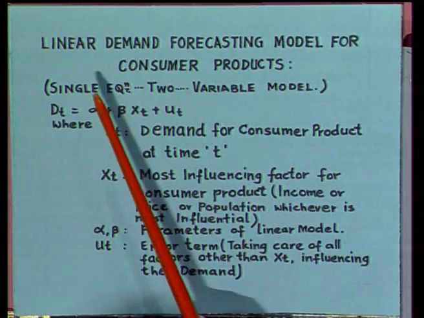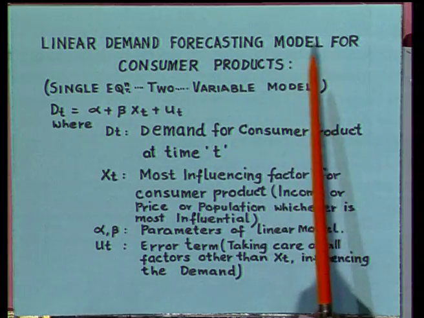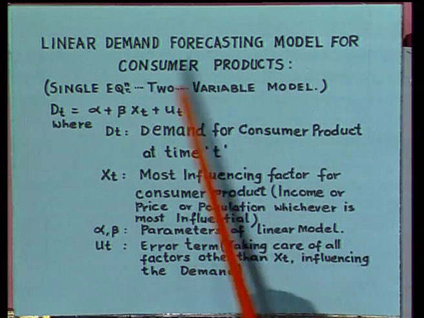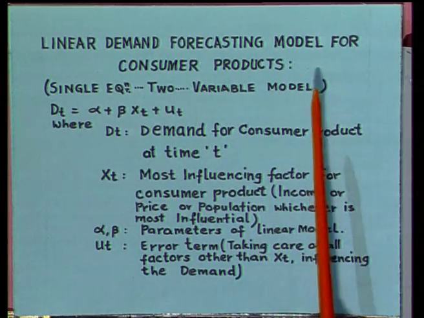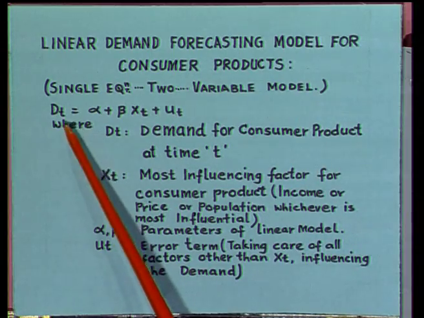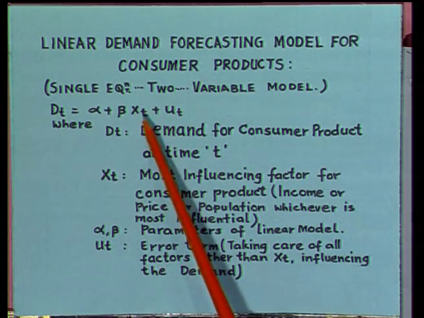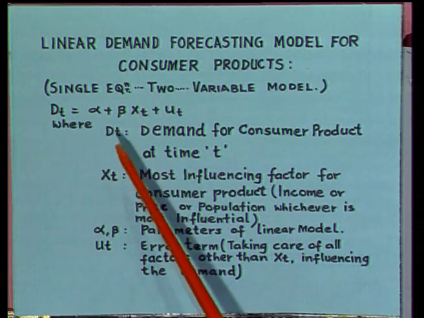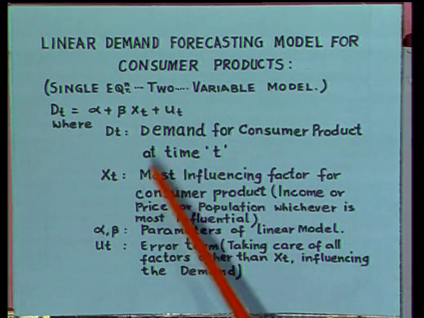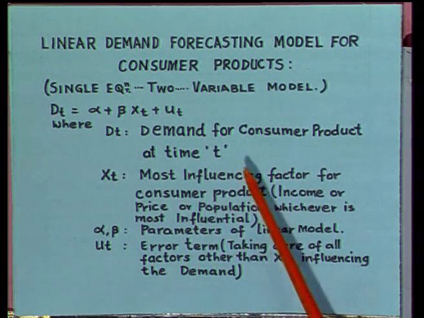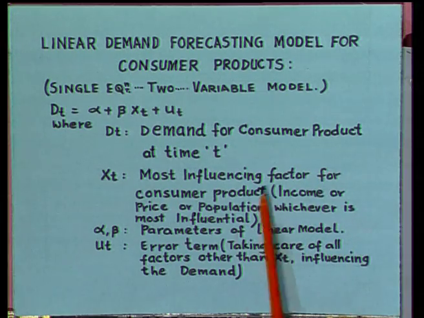The linear model which is used for forecasting the demand for consumer product is given by the linear demand forecasting model for consumer products. Mind you, it is a single equation two variable model given by dt = alpha + beta xt + ut, where dt is the demand for consumer product at time t, xt is the most influencing factor for the consumer product.